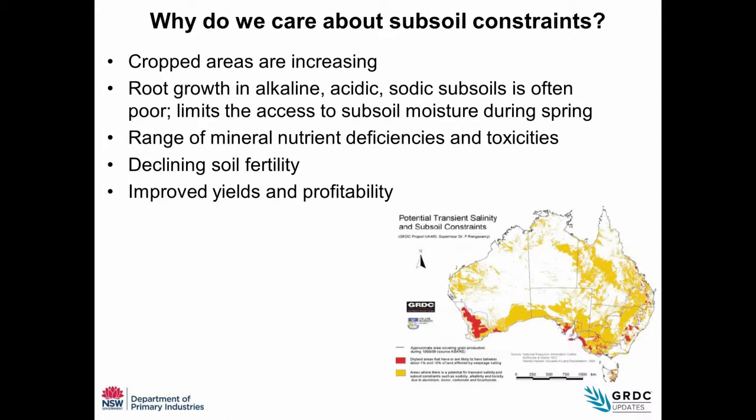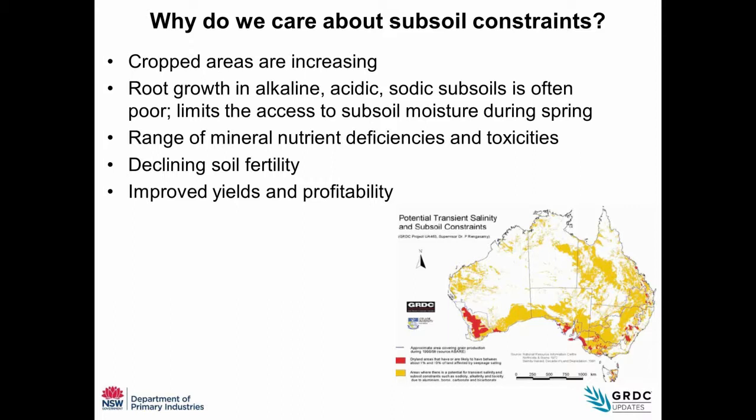So the next question is, why do we care about subsoil constraints? Basically, one of the main reasons is that the cropping areas are increasing and the chance of hitting one of those areas with subsoil or soil constraints is high. Root growth in alkaline, acidic, or sodic soils, which are various types of constraints, is often poor because of limited access to the subsoil moisture during the spring.